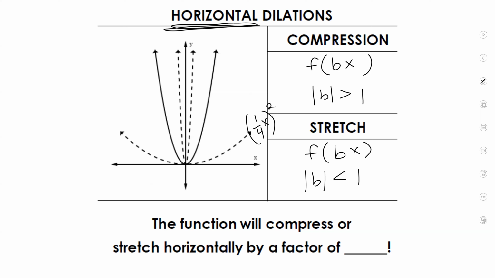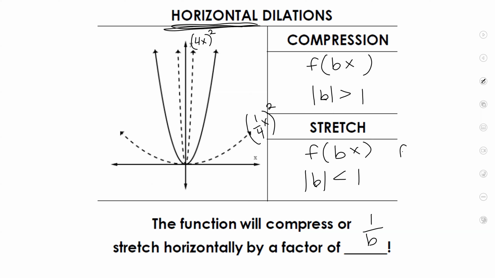The one on the inside, this is a horizontal compression if B is greater than 1. Okay. All right. And the function will compress or stretch horizontally by a factor of 1 over B. We're using B's right here. So it's the reciprocal.